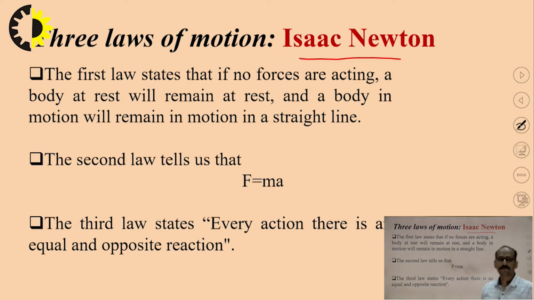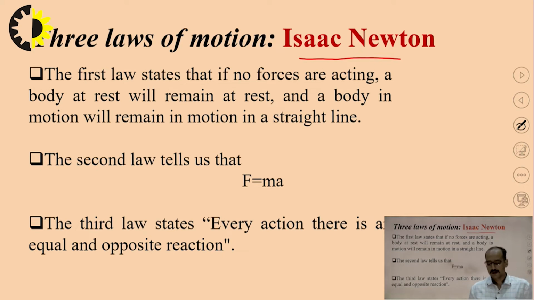These three laws of motion give the base for the next equations of motion. The equation of motion is different from these three laws of motion. The first law states that if no force is acting, a body at rest will remain at rest and a body in motion will remain in motion in a straight line.